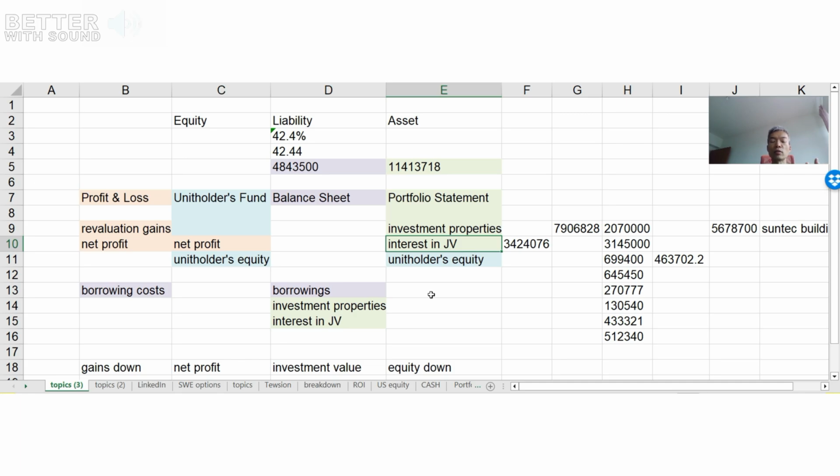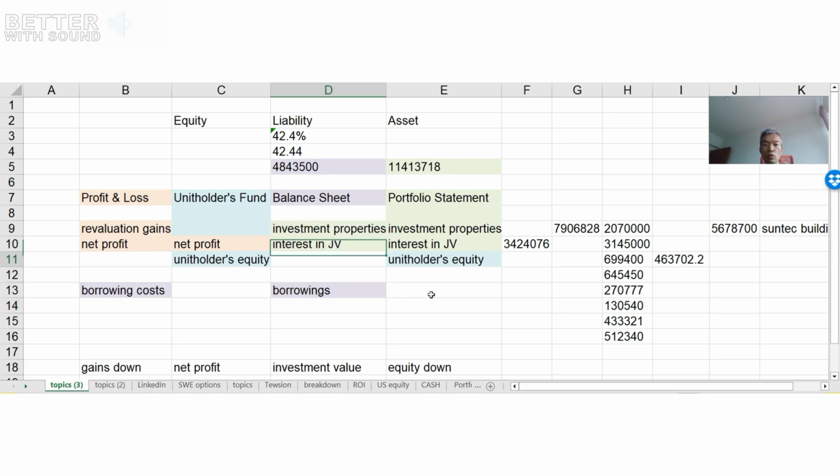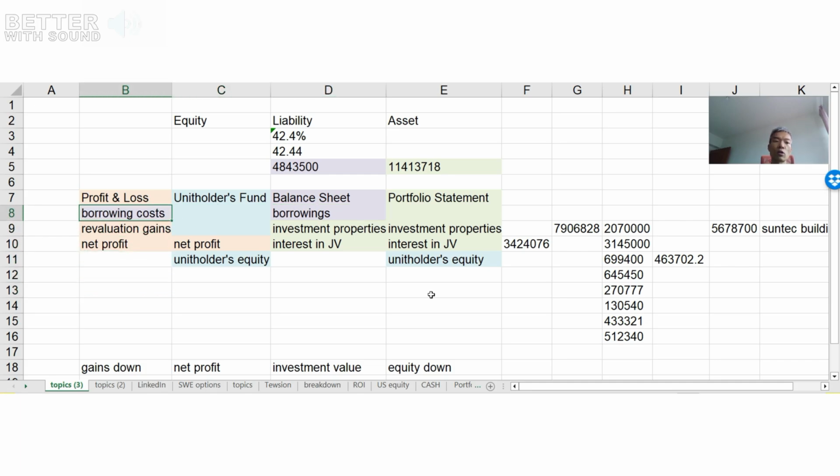how is it then linked to the borrowings? It is found under the balance sheet. So now I copy this too, and because in the balance sheet the borrowings is part of the liabilities, I just paste it here. In the midst of borrowing money, there's also this borrowing cost, which is sometimes termed as finance cost. So that's how the whole linkage is being done. We started off with revaluation gains, we went to net profit.